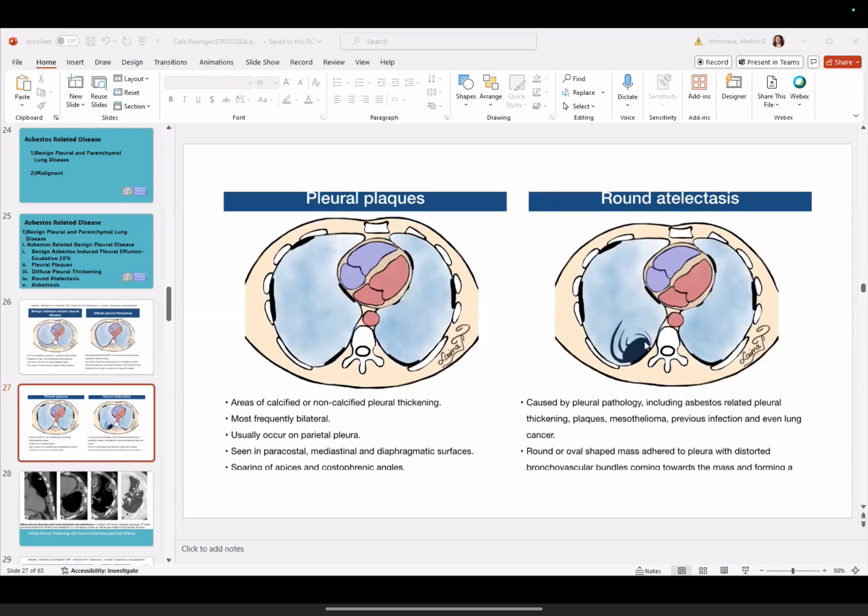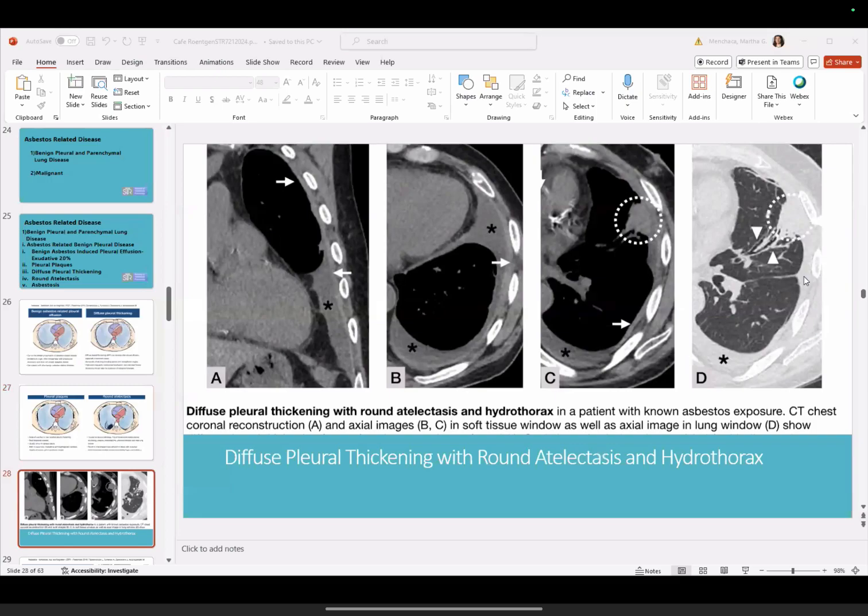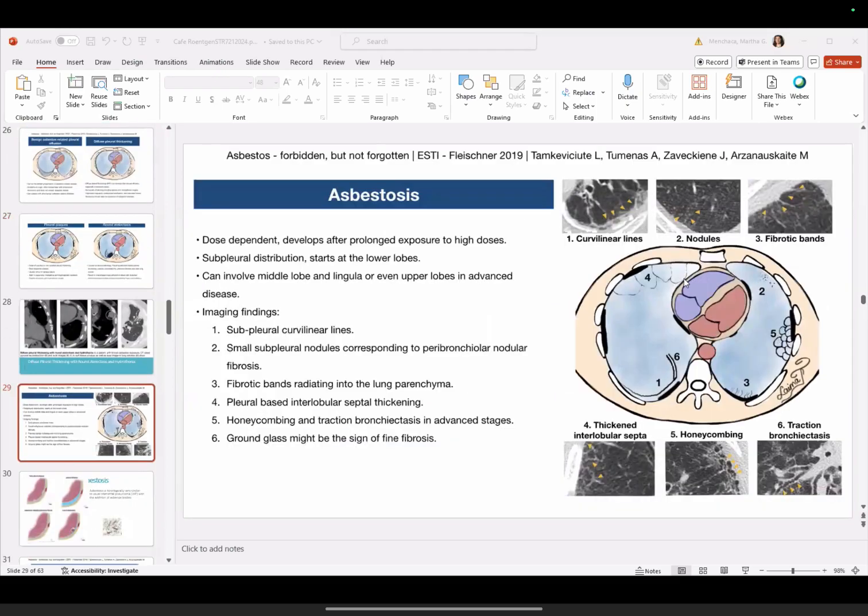This one is classical, it's mnemonic, but the other ones may not necessarily be. For example, if you have small areas where you have bands, it's very difficult to tell other than by the history of the patient's exposure.